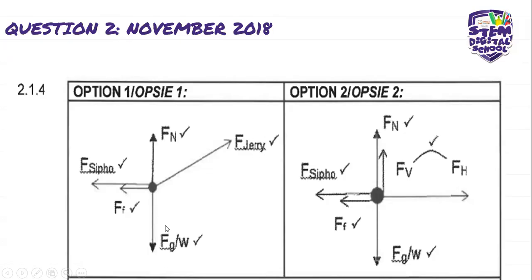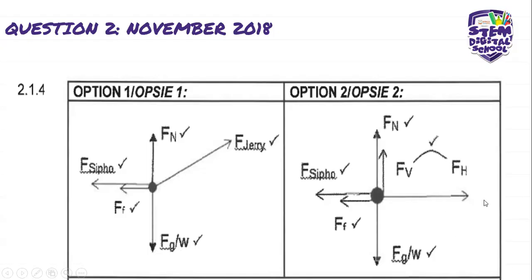Force of gravity, F and small g for gravity, right? And then F Sipho is also the applied force. FF, that is your frictional force.